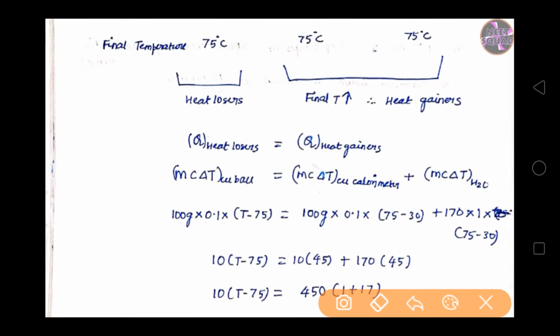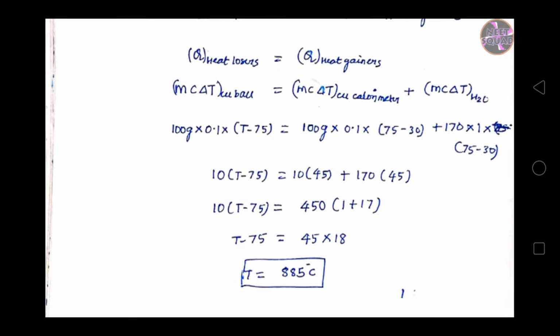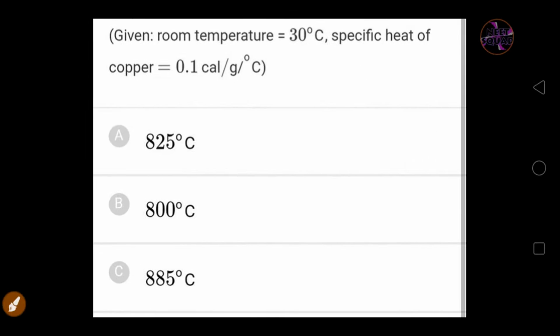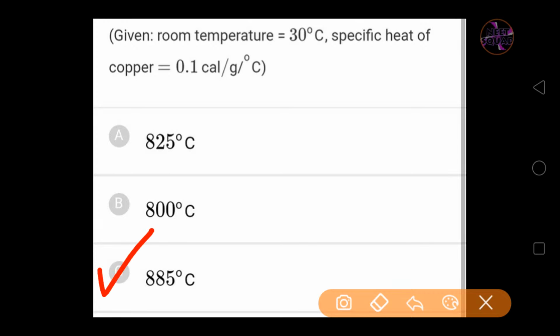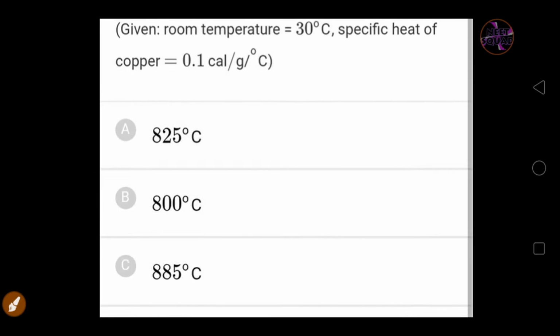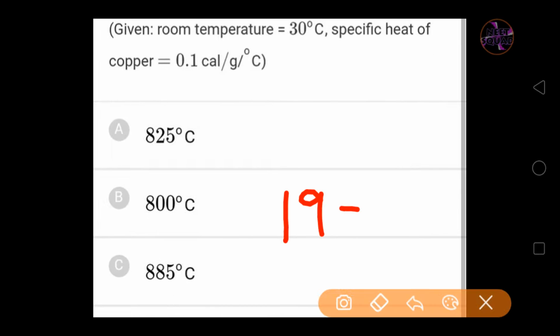Specific heat of water will not be given in the question; it is a fact you should know, it is 1 for water, into the same 75 minus 30. Now if you solve this, T comes out to be 885 degree Celsius. So this option would be correct for question number 19. So 19 C is the correct answer.